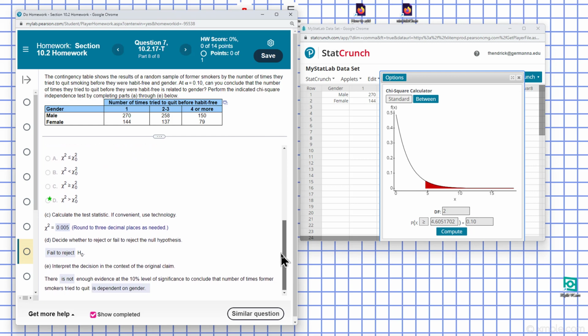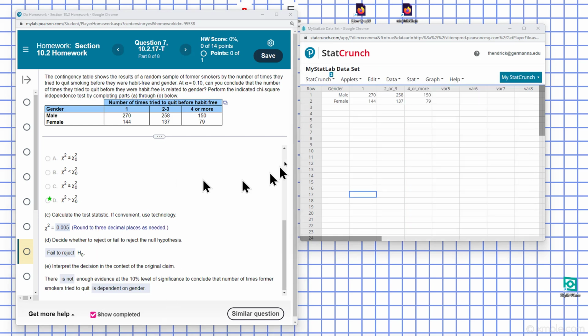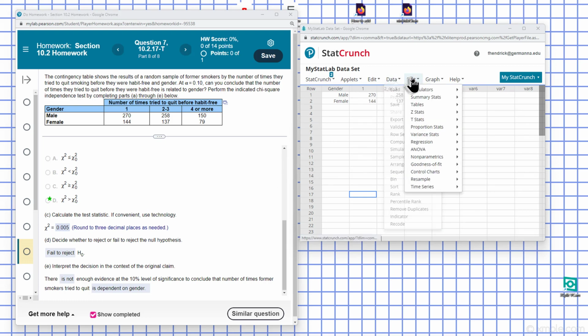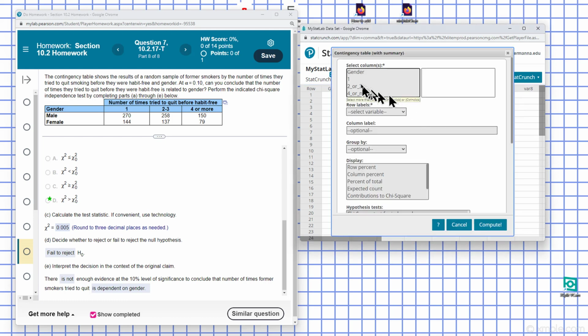The next thing they want us to do is to calculate the test statistic. So what we do is we go up to Stat and Tables, Contingency Tables with Summary. And select my columns there, and select the rows, gender.